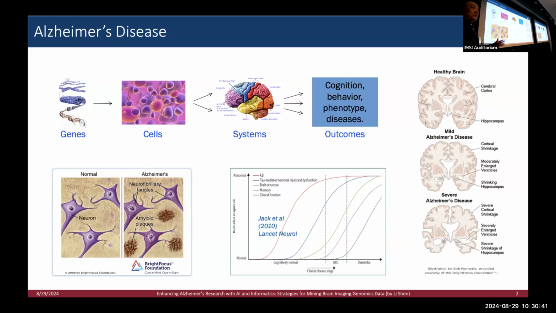So we have to find the genes and the proteins as targets and look for drugs. That's why we need to understand the genetic molecular mechanism of AD, right? But we know the major hallmark of Alzheimer's disease, right? So we have this ATN system, and all these can be captured by imaging, right? So that's why we use imaging as phenotype to study genetics and genomics, right?